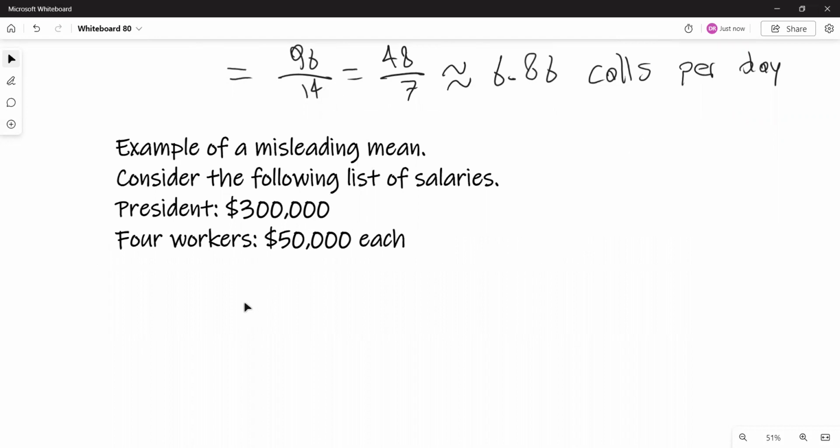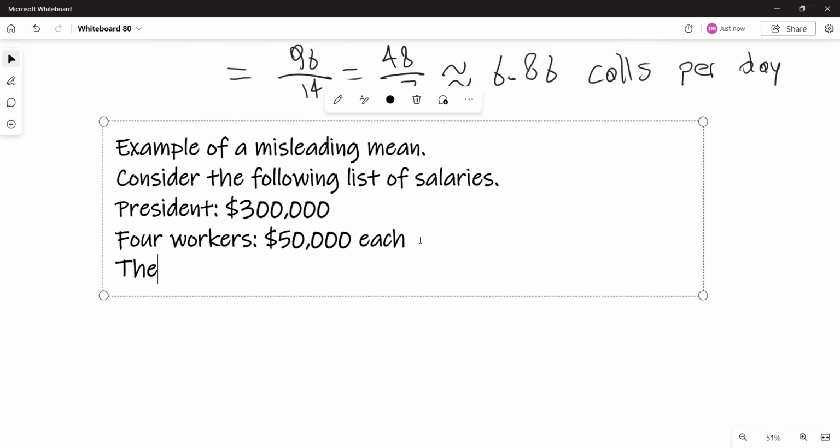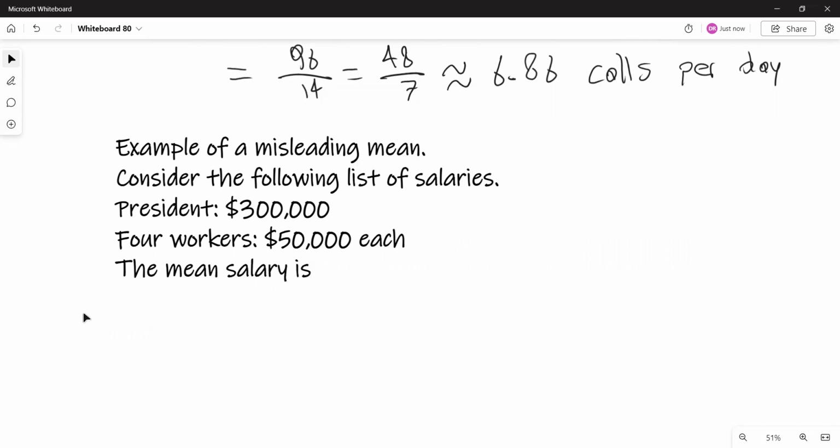So the mean salary is going to be 300,000 plus 50,000 times 4.